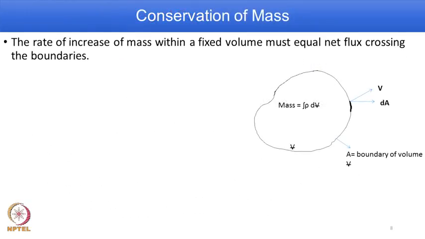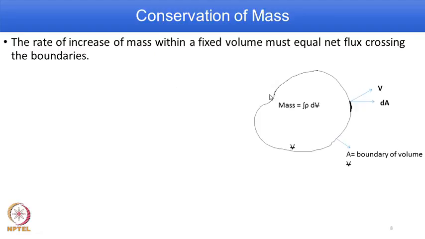Now we will see how to get the expression in detail for conservation of mass. We know this equation is stated as: the rate of increase of mass within the fixed volume must be equal to the net flux crossing the boundary.